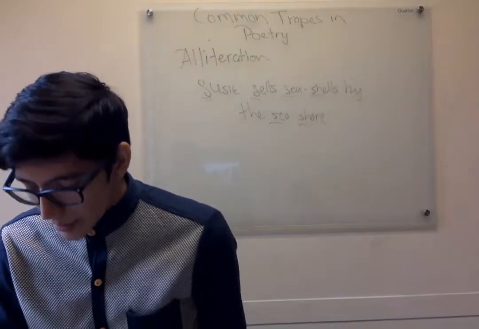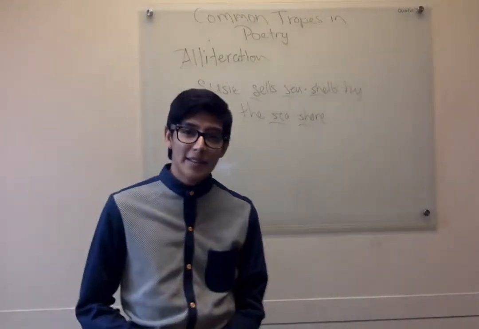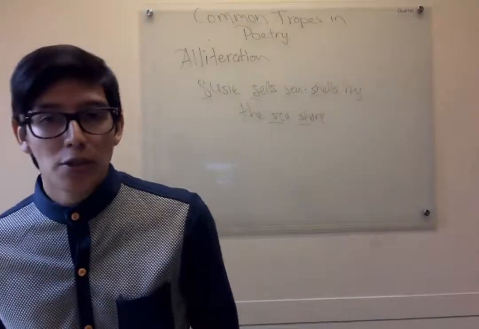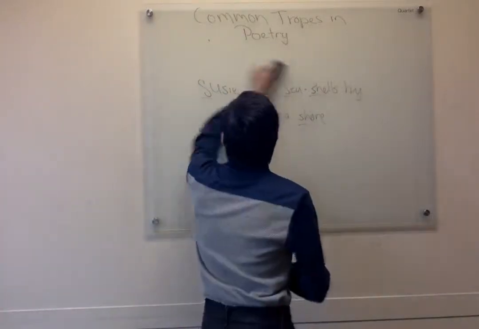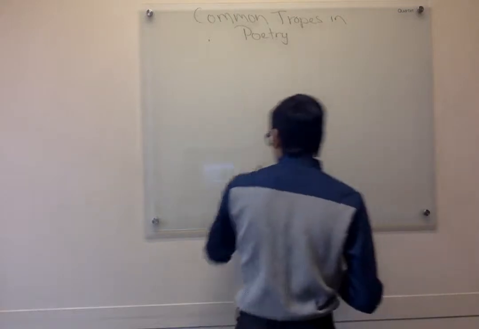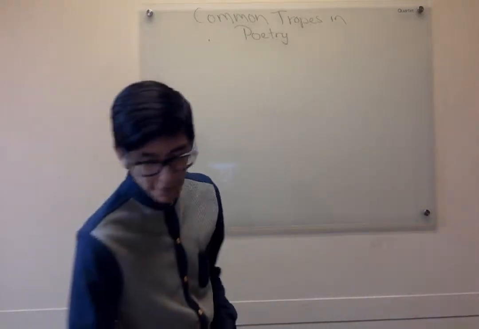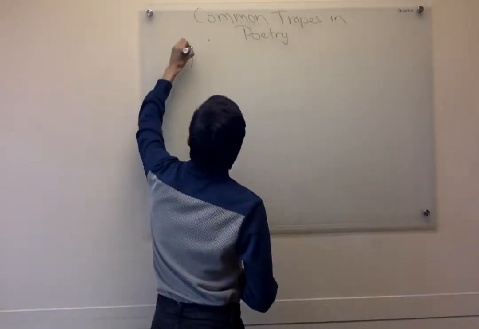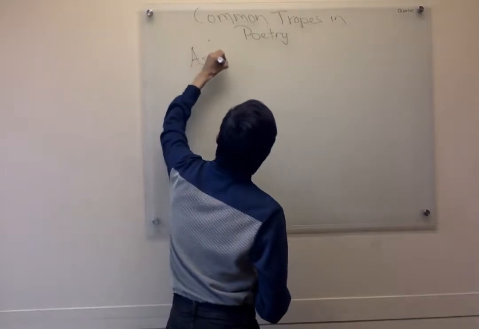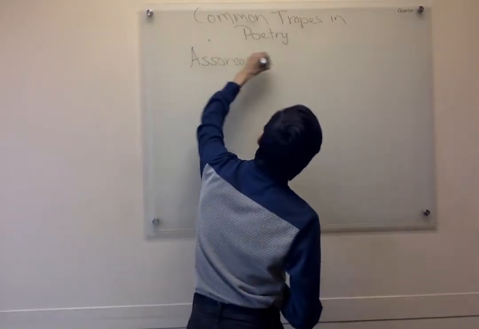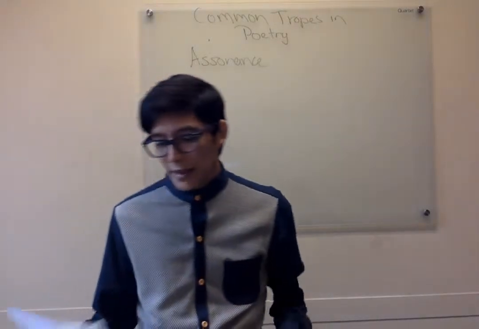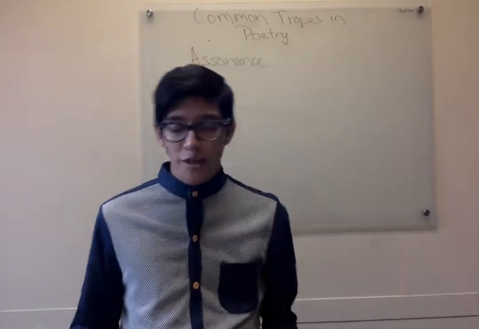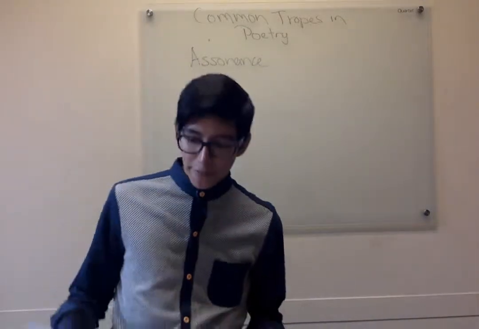Now, the following trope is assonance, which is similar to alliteration but has subtle differences, which I'll explain to you now. Assonance is similar to alliteration, but in the case of assonance, it's a repetition of vowel sounds within words, typically in stressed syllables.